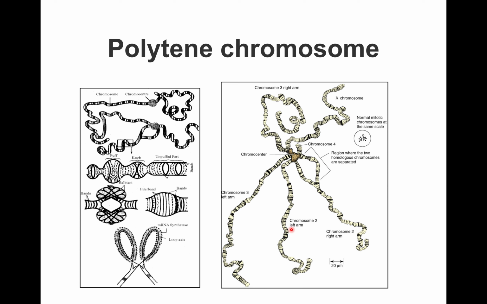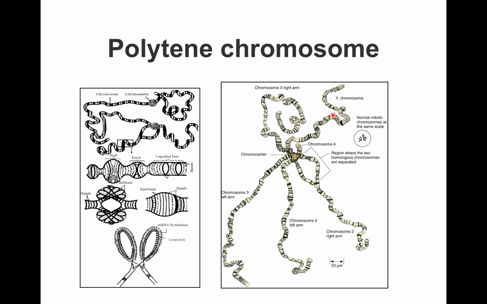So this is the left arm, this is the right arm, but both are chromosome 2. Then 3R, it's the third chromosome and it is a right arm. Then 3L. Here, sorry, this is a right arm and this is a left arm, and both are chromosome 3. Then there is a fourth chromosome. It is the shortest one.